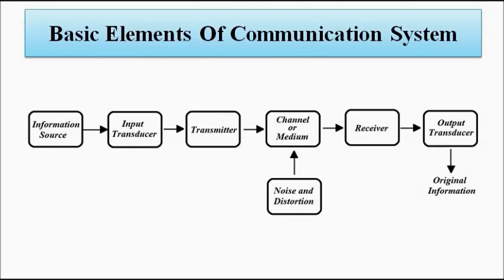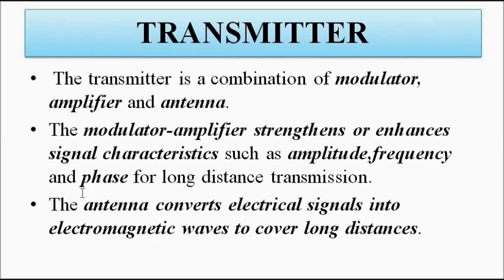Now, if we try to transmit the electrical signal produced by the transducer as it is, without making any changes to it, there are high chances that it will not be able to cover the distance between the sender and the receiver, mostly for long distance communication.